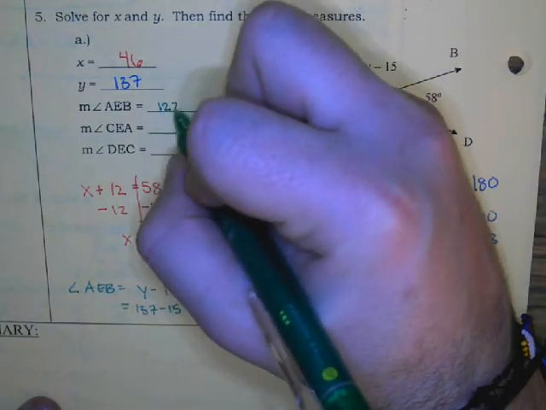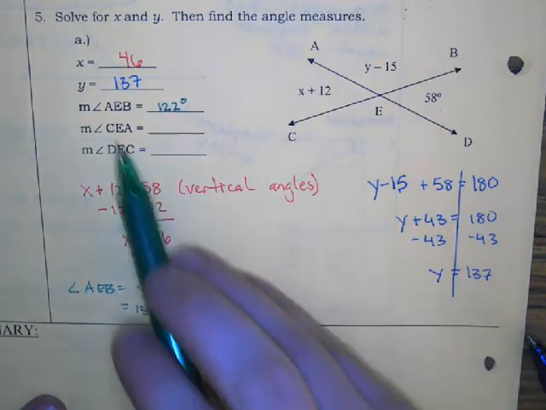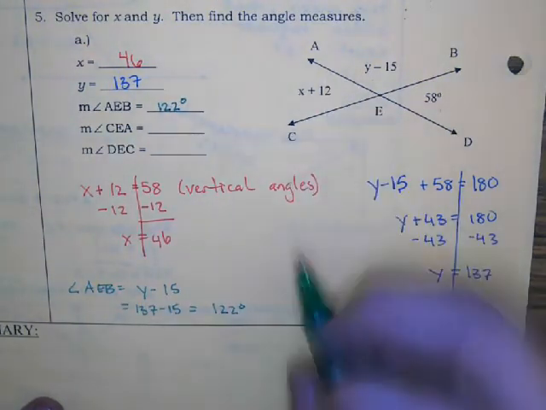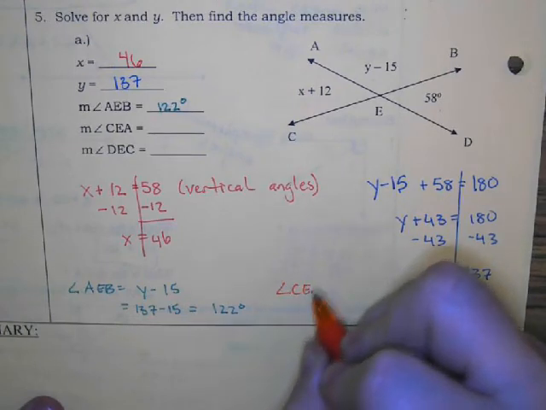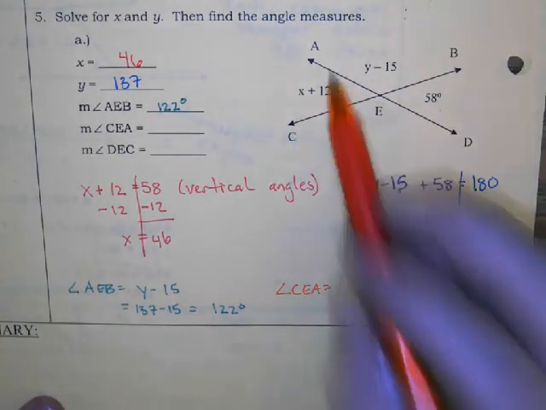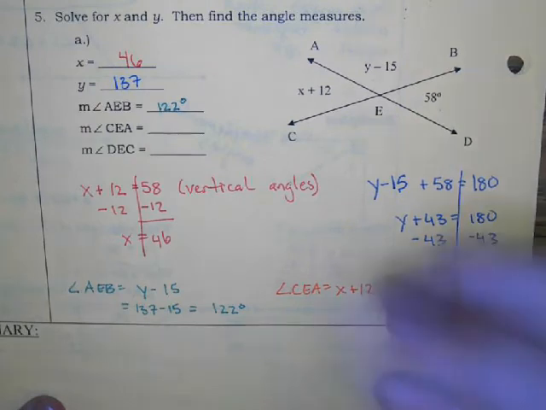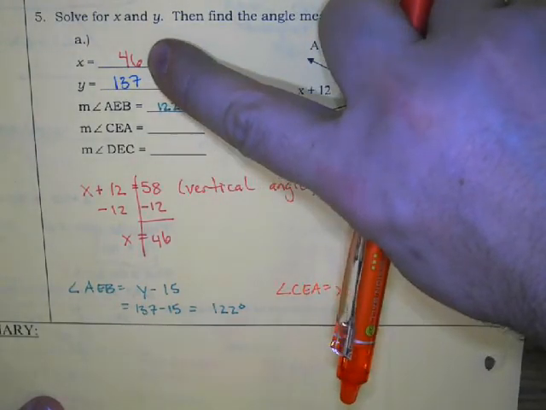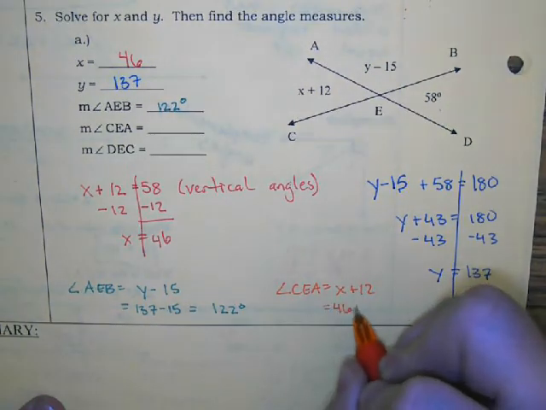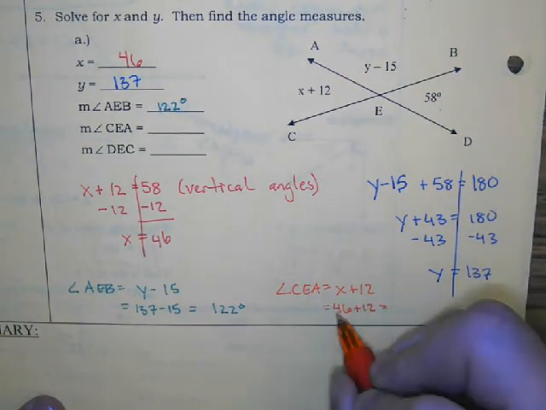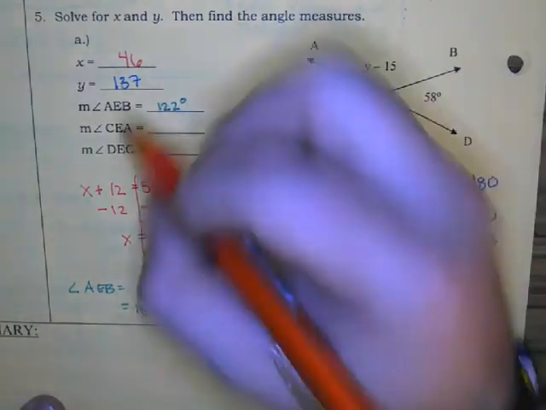So there's that one. Now we'll move on to angle CEA. I know that angle CEA is equal to x plus 12. We'll plug our x in, x equals 46, so I get 46 plus 12, which will equal 58 degrees.